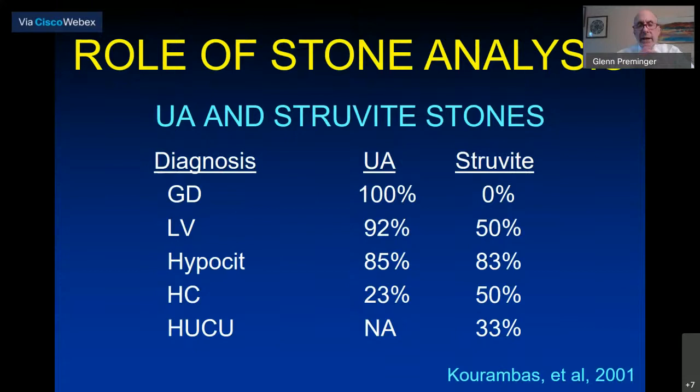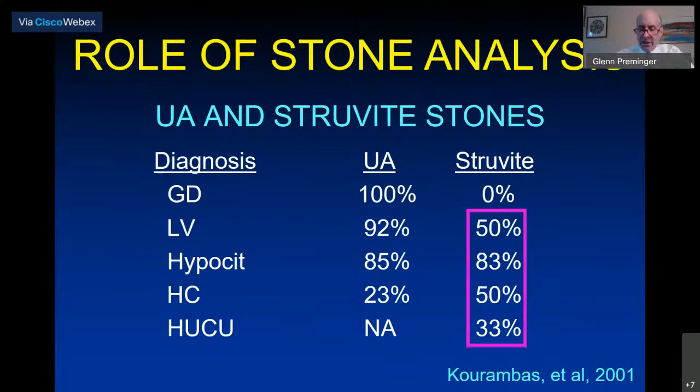When comparing uric acid and struvite stones, gouty diathesis is defined as a low urine pH. And so again, since in 99.5% of patients with uric acid stones low urine pH will be the primary cause, essentially all of our patients with uric acid stones had gouty diathesis.